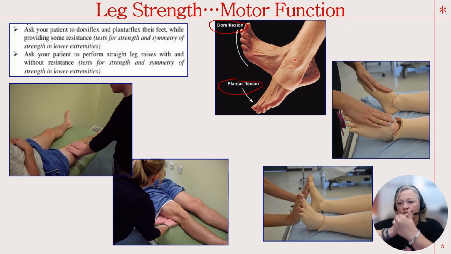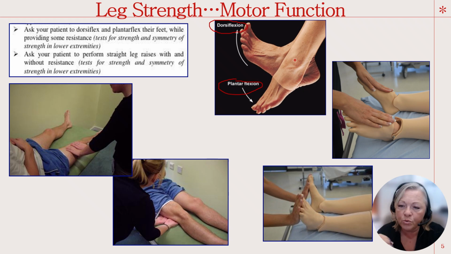So think the dorsal side is lifting. And then from neutral, you push down, you bend down, is plantar flexion. And think of planting your foot, the plantar side. So we have neutral foot position, dorsiflexion, and plantar flexion.